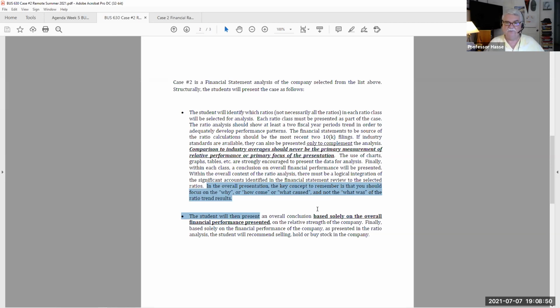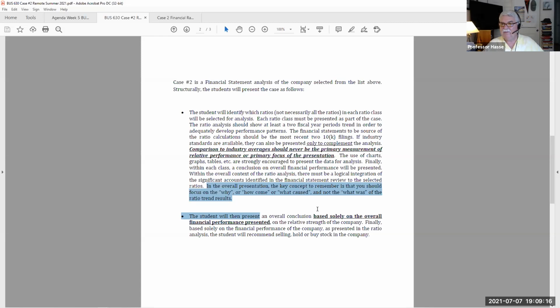You're doing a trend analysis of 2 years. And in the real world, I want to apologize. If this was a real solid case, I would probably ask you to do 3 to 5 year trends. But we just are limited for time. We're limited for what we can do. And so I cut it to 2 years, which does not really give you a real good solid analysis, but it's good enough. And I'm willing to do that.